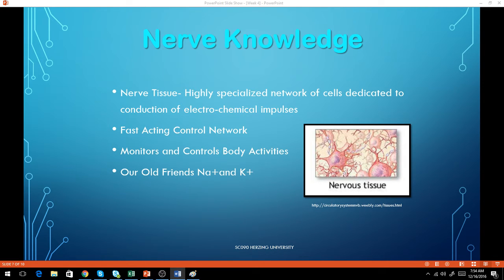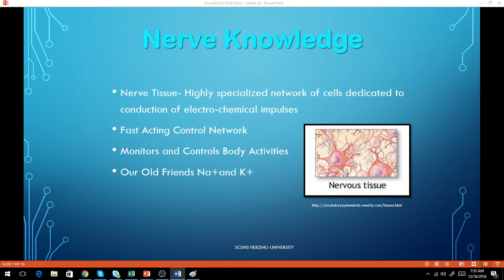This is quite similar to the nervous tissue, a highly specialized network of cells which conduct electrochemical signals from our old friends sodium and potassium from our chemistry unit, from the brain to the body, or from the body back to the brain. Electrochemical signals are very fast, allowing for near instantaneous control of the body through a read and react system.